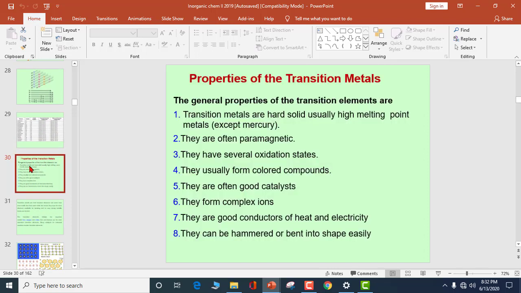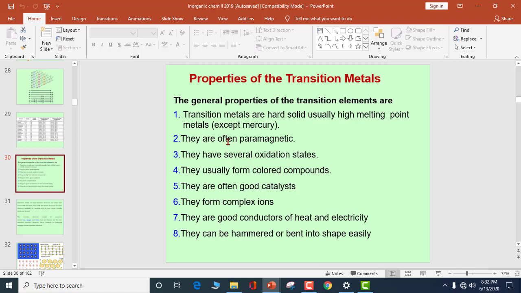So next we have to discuss a little bit about the properties of the transition elements. As you know, the transition elements are mostly metals, so they behave as a metal.